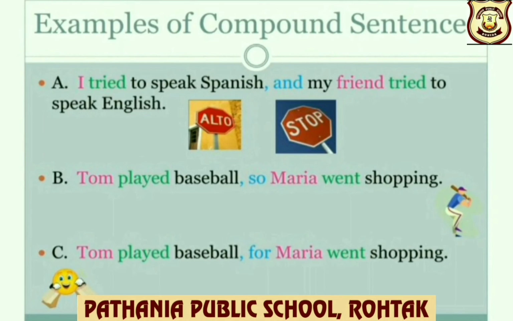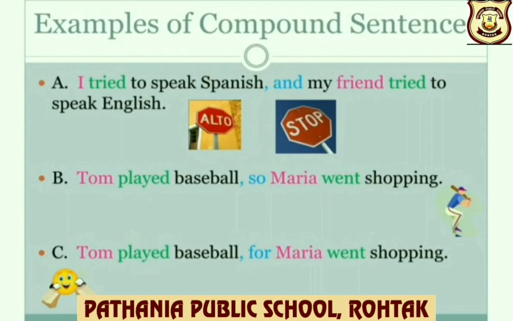Example: I tried to speak Spanish and my friend tried to speak English. So here you can see, children, two independent clauses have been joined together using the conjunction and. I tried to speak Spanish; my friend tried to speak English.